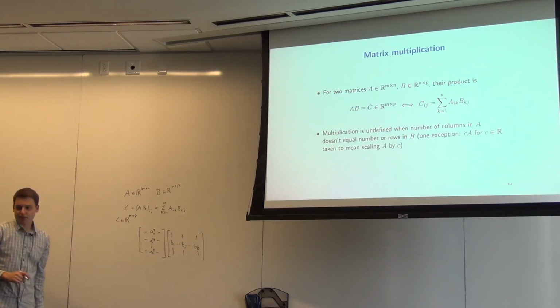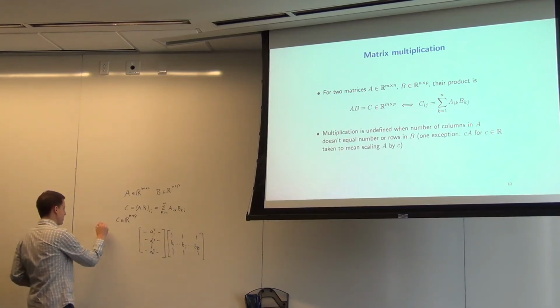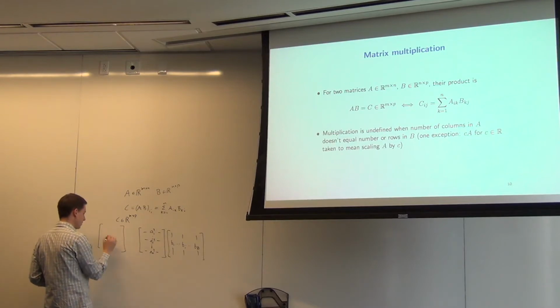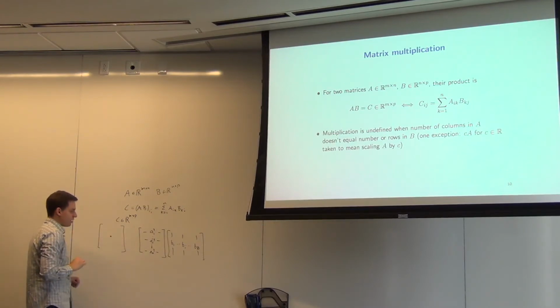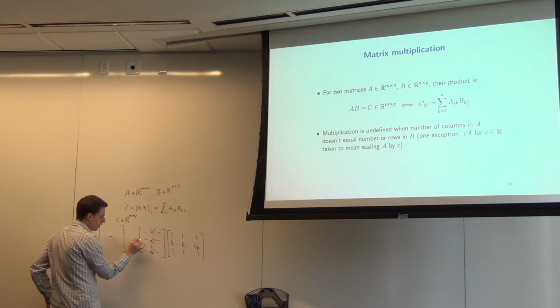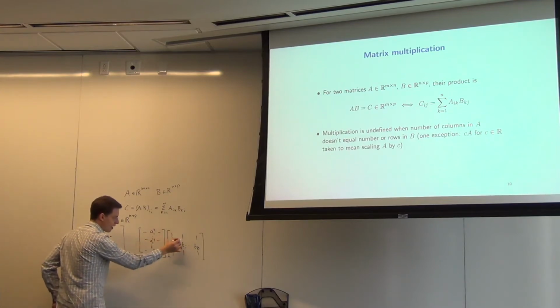What this is saying is that the ij element of C, this element right here, is equal to the inner product of this row and that column.